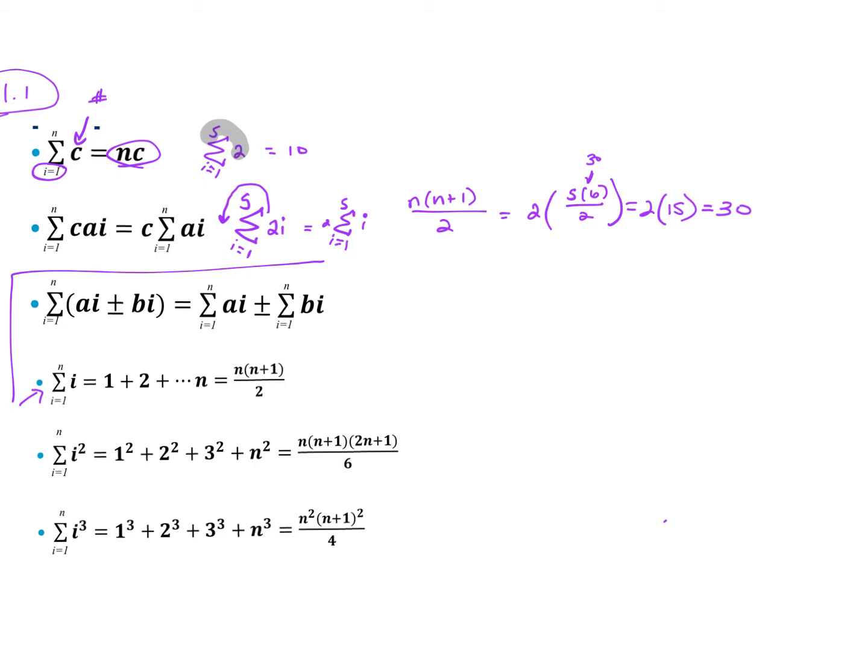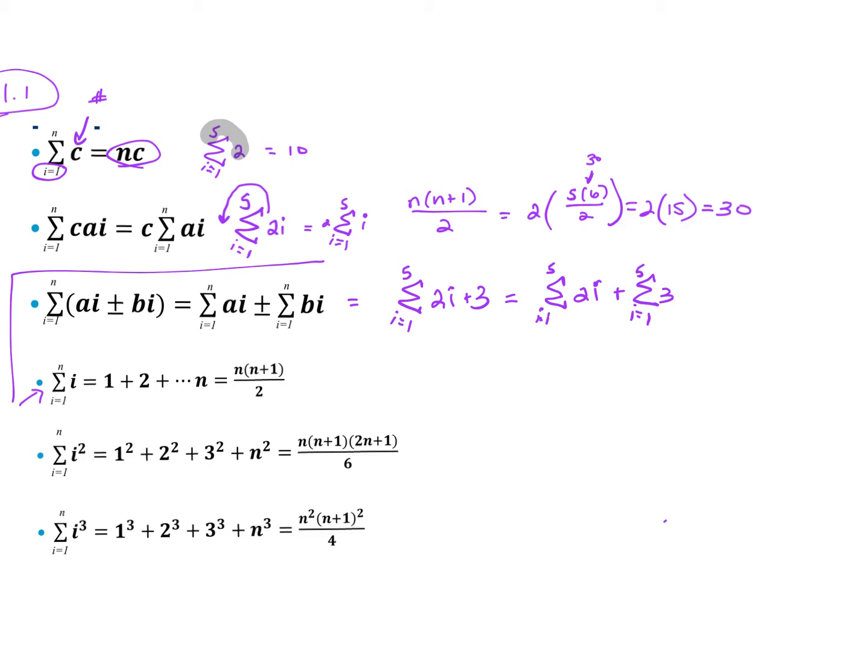And then we got to our sum or difference, and we could break apart our sum and difference by almost using the distributive property, but it's not the distributive property because you can't use the distributive property on summation, okay? But it is basically just telling you can break this apart. So if I had I equals 1 and I had 5 on the top and I had 2I plus 3, for example, I can break this apart into the summation of 2I plus the summation, that's a 1, of 3.